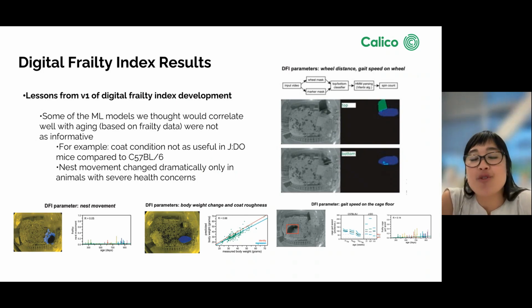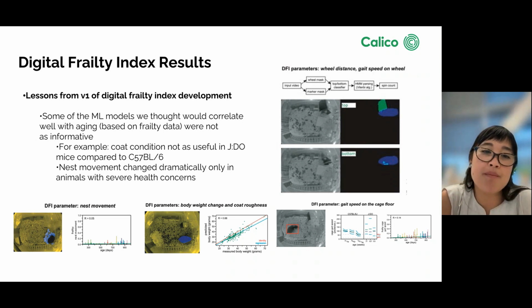So these are some of the figures from our paper that show how we came up with our various digital frailty parameters and how they performed individually to chronological age. And there were several lessons learned from this version 1. Again, some of these machine learning models we thought would correlate really well with aging based on traditional frailty data were not as informative. So I mentioned the Black 6 coat condition was one of those very strongly correlated measurements in frailty, but in the DO mice, it was not.